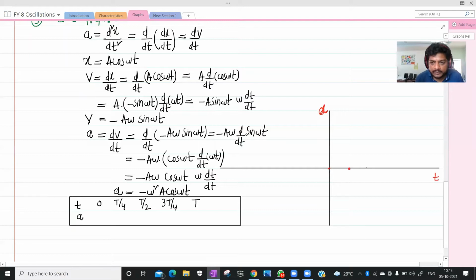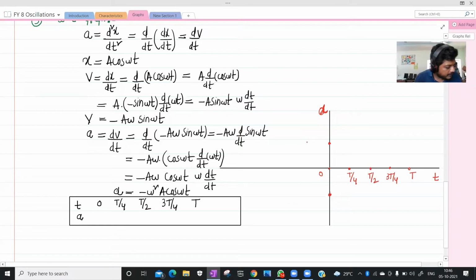So here 1, 2, 3, some 4 I'm giving. This is 0. This is T by 4, T by 2, 3T by 4, T. Here some maxima, here also you will get some maxima.